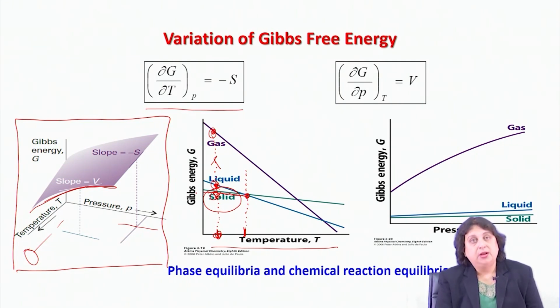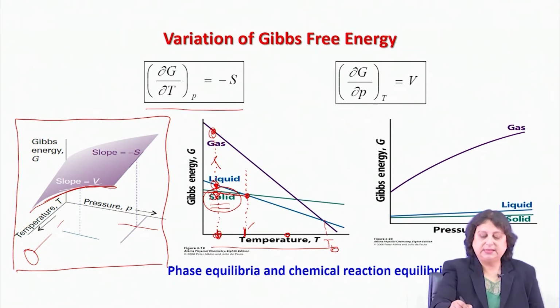And therefore, the one with the lowest Gibbs free energy is the most stable phase in this substance.